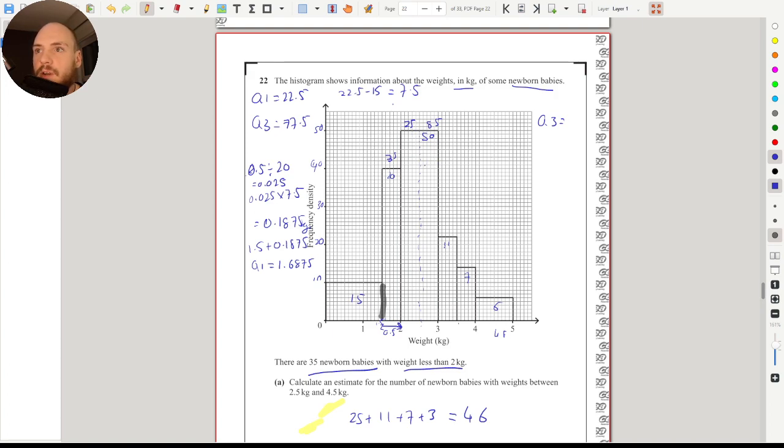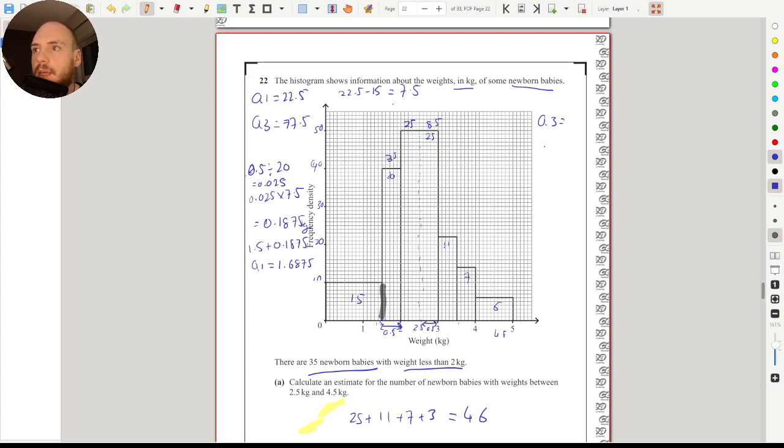So we're going to be somewhere in here. And I know this is 2.5, and our width here is 0.5. I'm going to write that 50, because this half represents 25, just like that half represents 25.